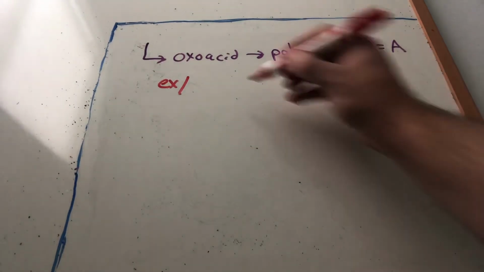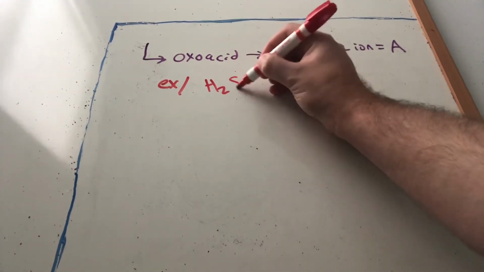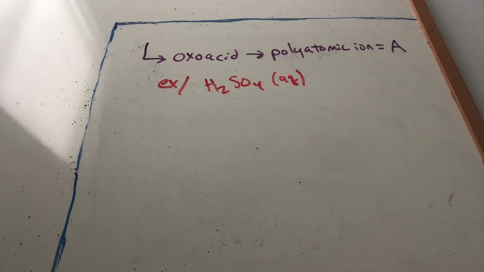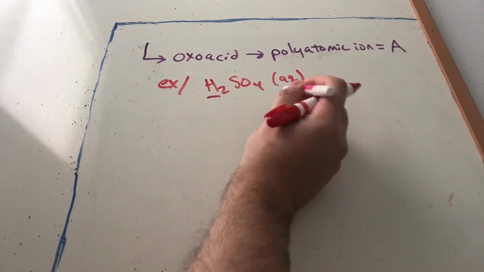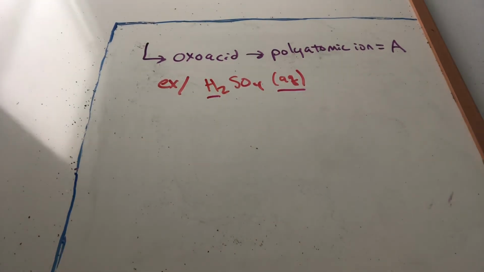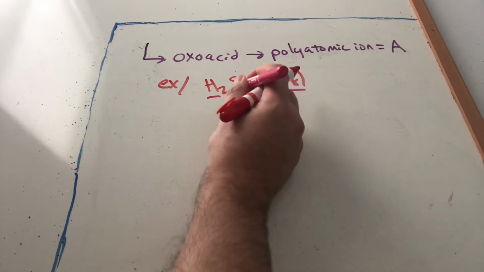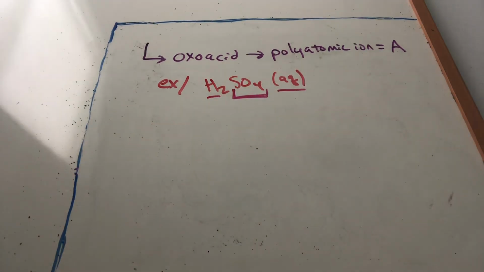So here's an acid. It starts with an H. It's aqueous, but notice it's not just attached to one thing. It's attached now to a polyatomic ion. We see a polyatomic ion as the anion attached to the H pluses.